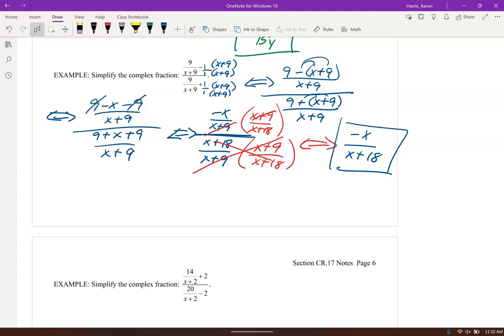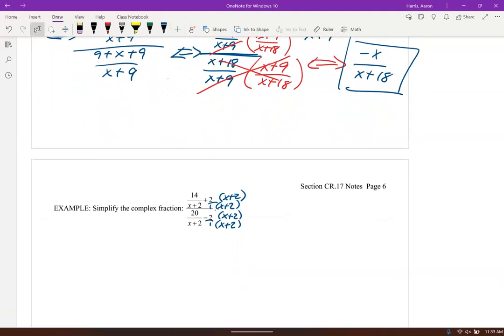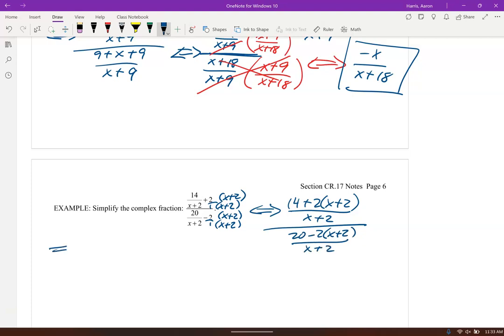Similarly on this one, get a common denominator of x plus 2. This is 2 over 1, so give it an x plus 2. And you'll have, now distribute the 2.